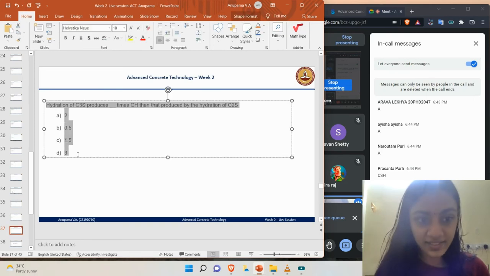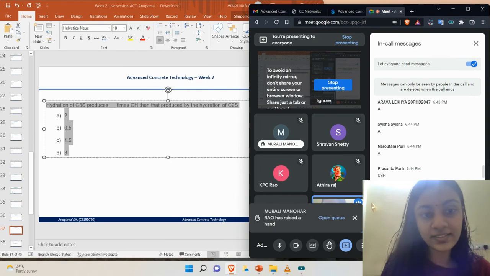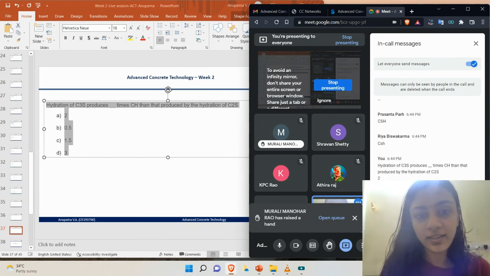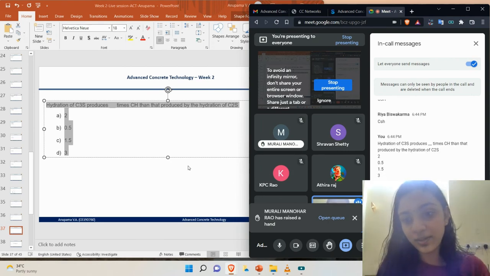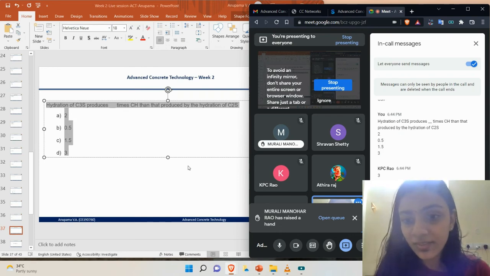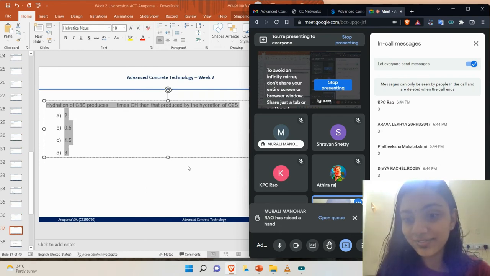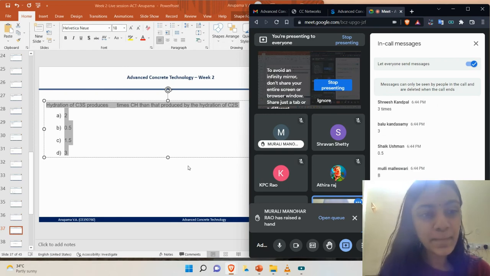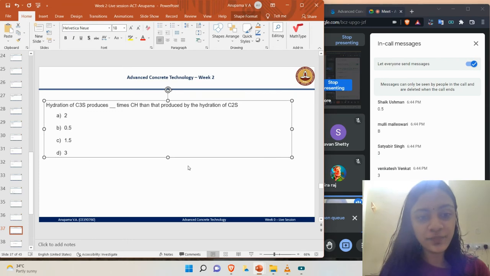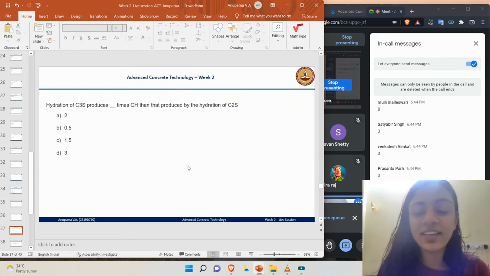Hydration of C3S produces dash times the portlandite produced by the hydration of C2S. C3S and C2S hydrate separately.